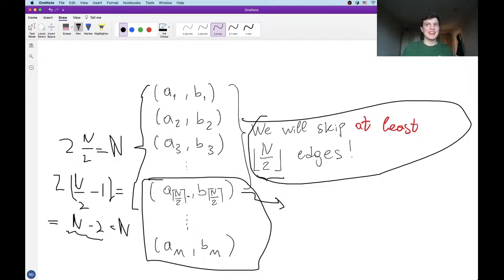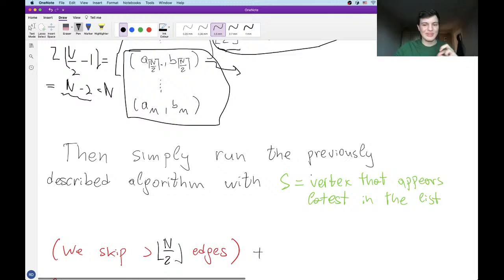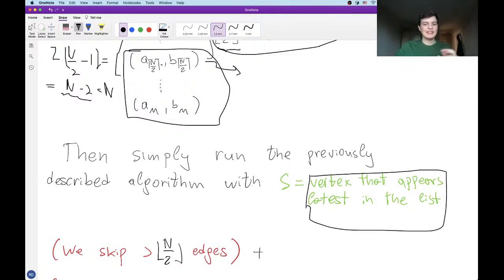So that's pretty good, because this means that if we just run the simple algorithm with S equal to this vertex, which appears latest in the list, we are going to get the solution to the second subtask. And why is that?